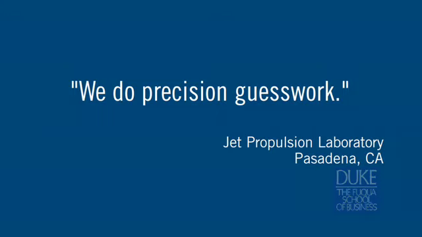And the JPL likes to say, yeah, we do the science, boy are we ever scientific, but then ultimately what we do is precision guesswork. And we use our experience, we use our science as a base, and then we try things out, and we use our judgment to decide on what the next step is. And that's what your job in industry analysis is: to give yourself a strong base, do it as precisely as you can, build a platform so that you can see the world, and then you use your judgment to give you a sense of what the next step will be.